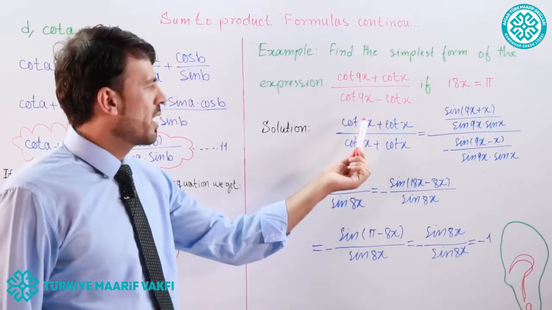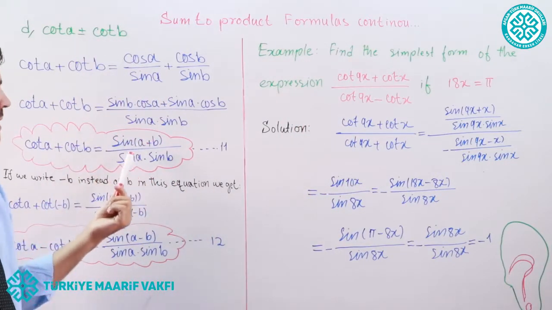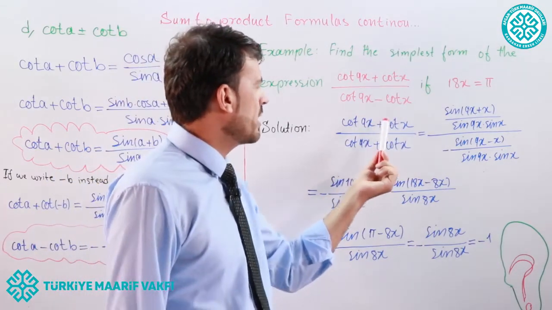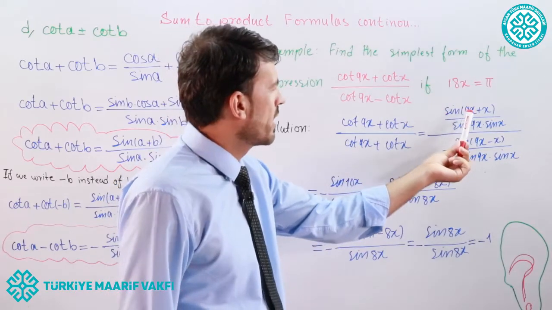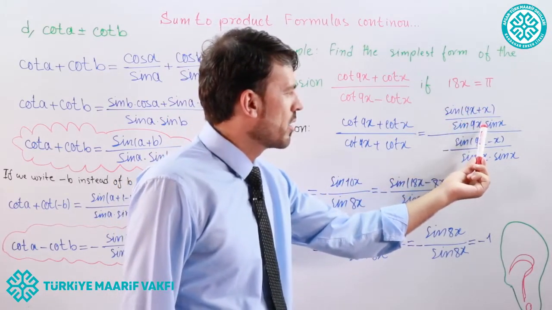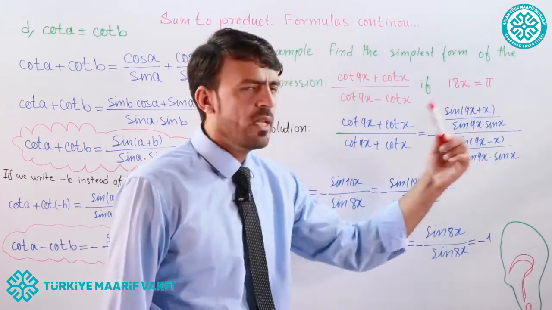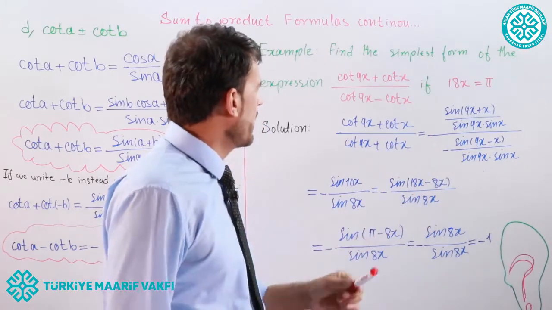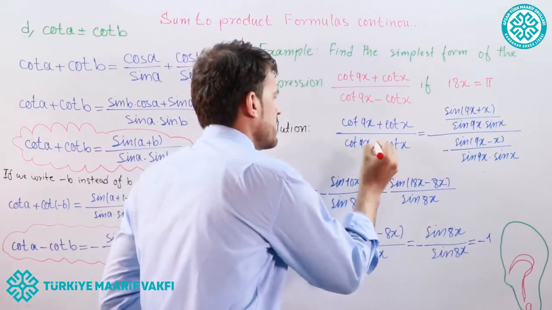What is the formula? The formula is sine A plus B over sine A sine B. Here A is equal to 9x and B is x. We are writing sine 9x plus x over sine 9x multiplied by sine x. And in the denominator, here the sign is a minus sign.